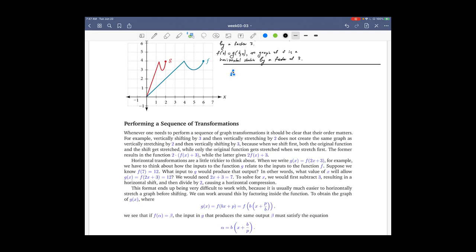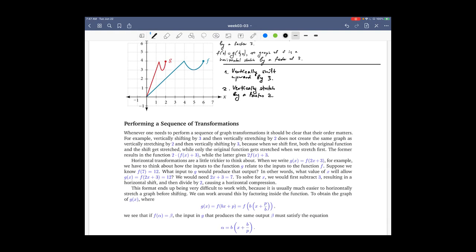We vertically shift by 3 units, and then after that we vertically stretch by a factor of 2.